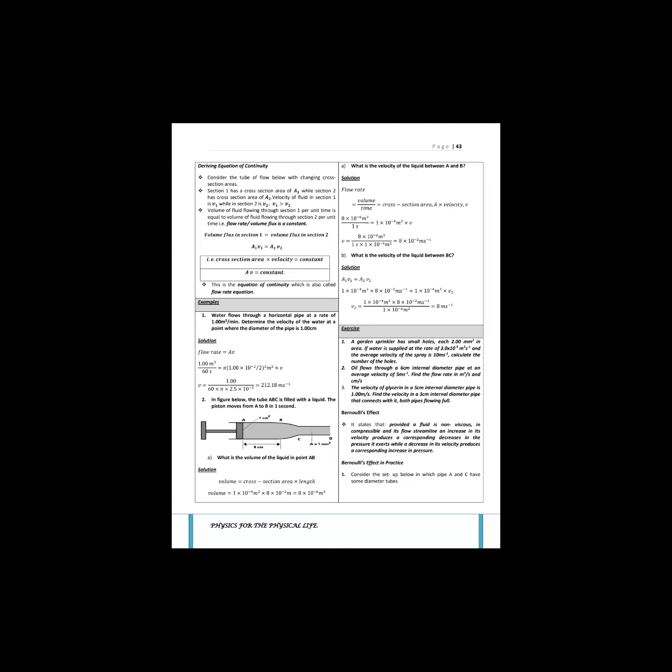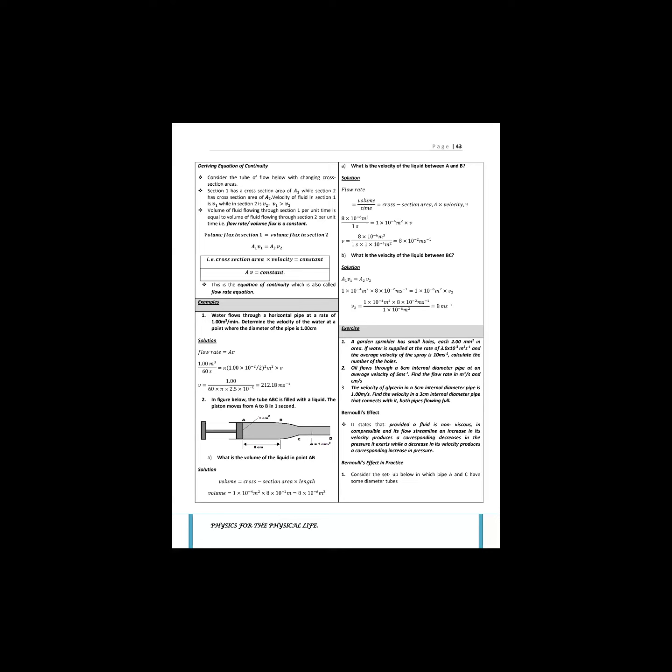Since the flow rate is in cubic meters per minute, we also need to change this centimeter to meter.